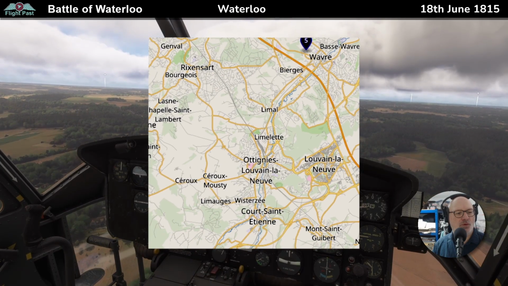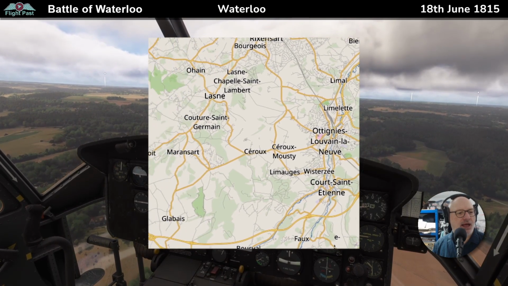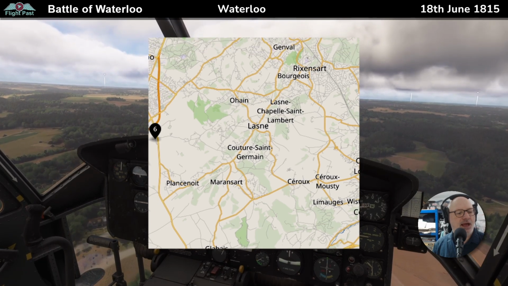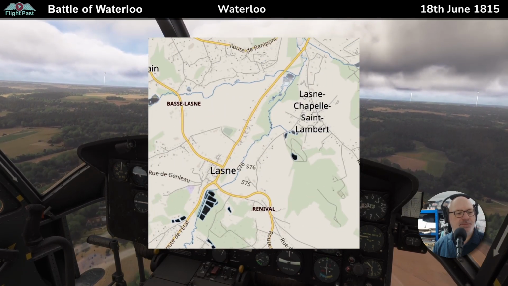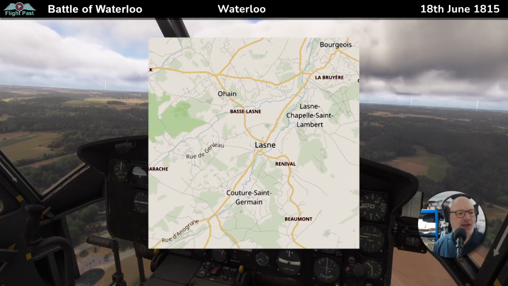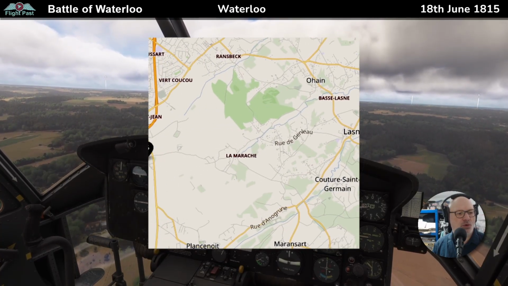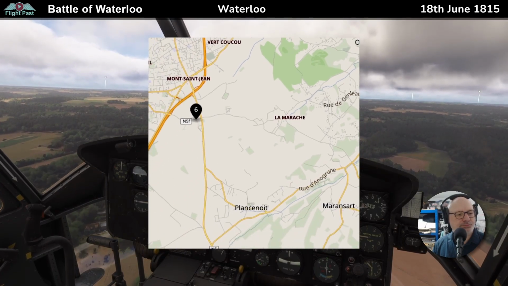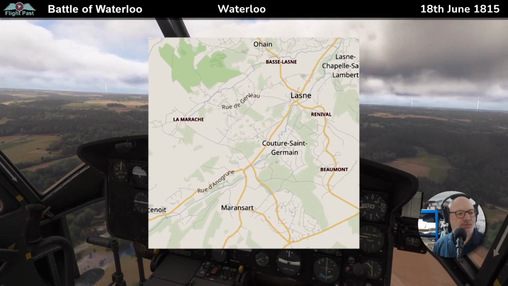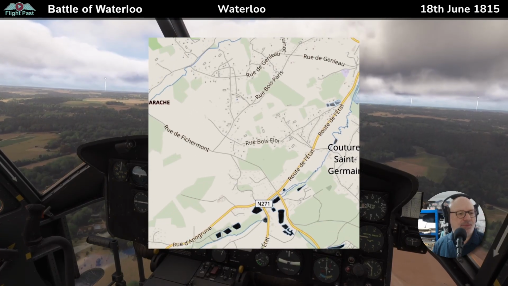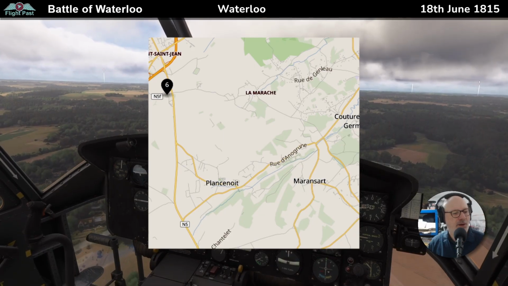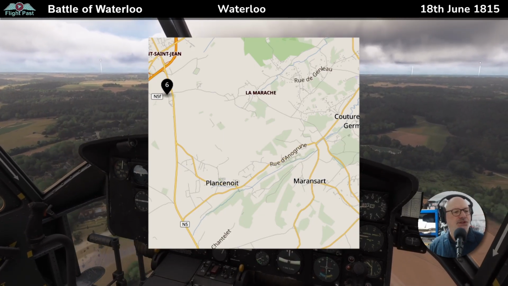He went from Wavre, Bierges, Dion-le-Mont, to Lasne, Chapelle-Saint-Lambert, and this is where we basically left them, forming up in this area here, and then advancing through this wood, which is called the Bois de Paris, and coming out in this area, which is on the right flank of Napoleon's army. So that's the situation at the moment.